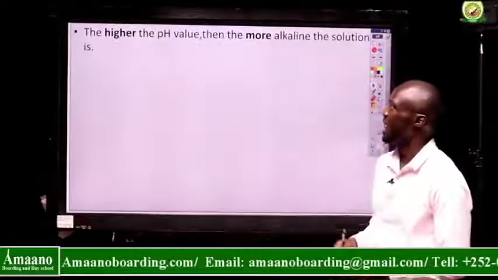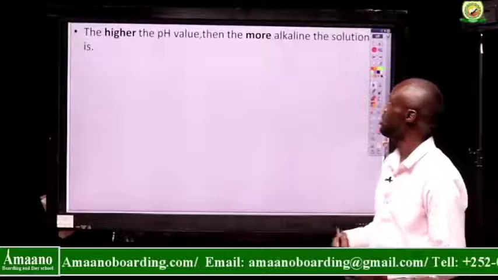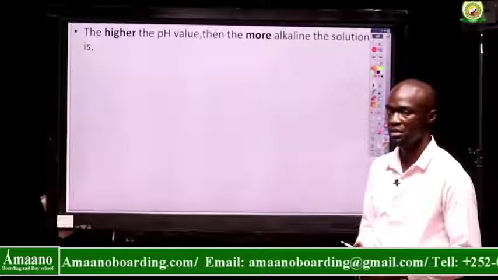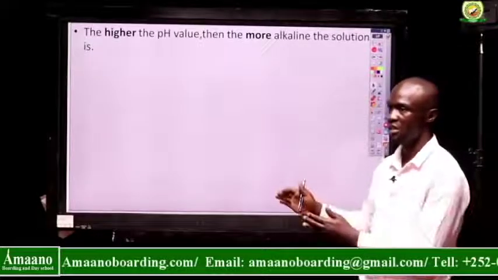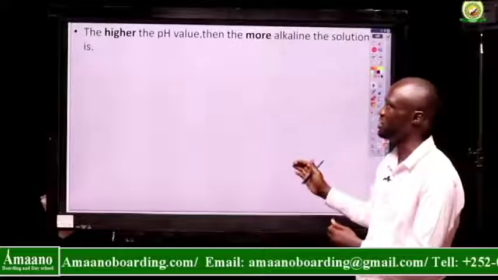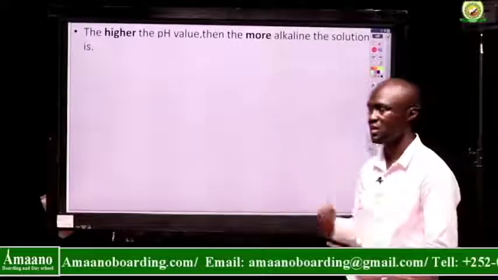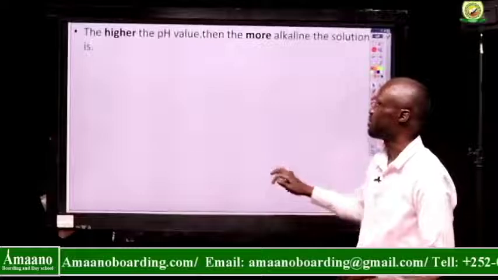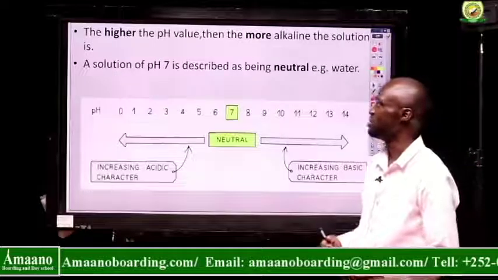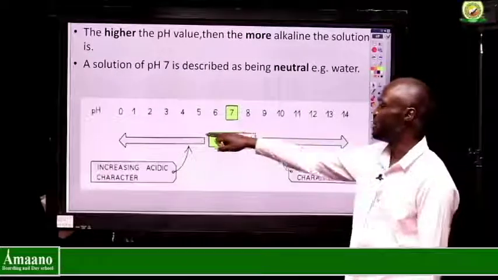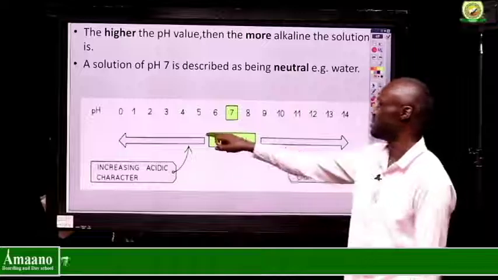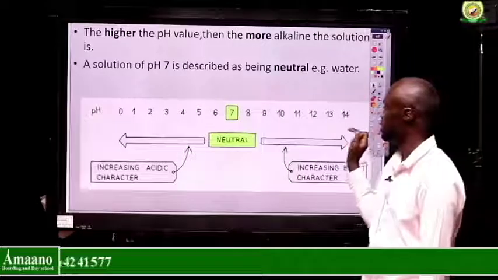So the higher the pH value, the more alkaline the solution is. If it is 8, 9, 10, meaning 14 is more alkaline than 8 or 9. Then for acids, the smaller the value, the more acidic. This is our pH scale. You can see it running from 0 up to 14, or 1 up to 14.